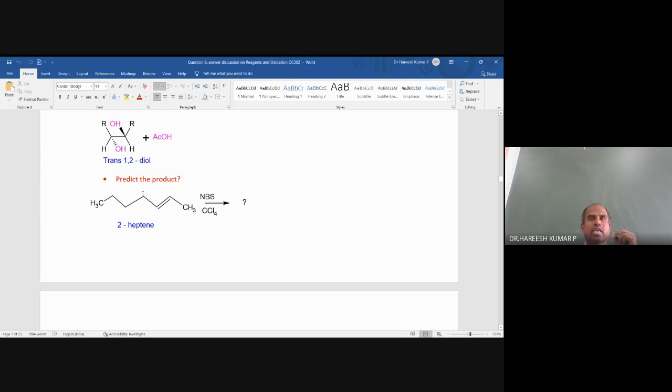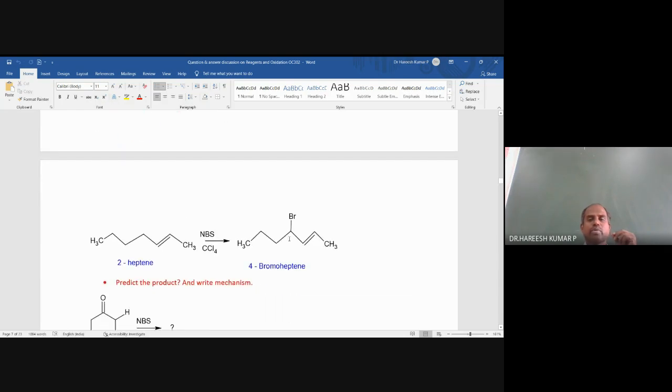This carbon is the allylic carbon, and this proton is the allylic proton. Between the methyl and the methylene, methylene is more acidic. That is the reason this proton is captured and replaced by Br. So that means the Br should be written here as a product.